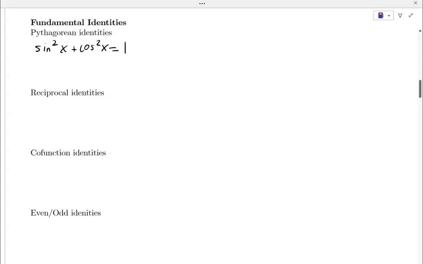That was the big one, sine squared x plus cosine squared x equals 1. Remember, we can convert the other two just by dividing both sides either by sine squared or by cosine squared. Gives you the other two. So you get tangent squared x plus 1 equals secant squared x, or 1 plus cotangent squared x equals cosecant squared x. Those are the three Pythagorean identities.